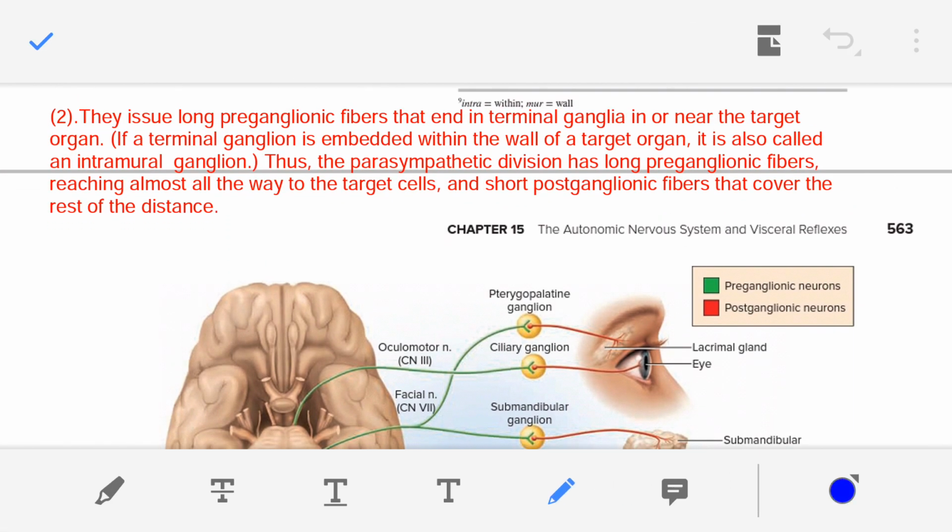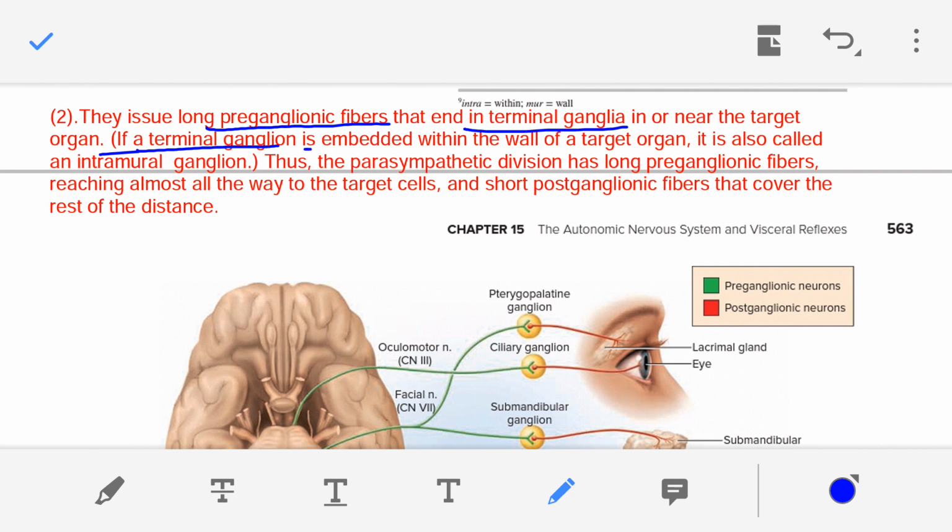Okay. Now, the preganglionic fibers end in terminal ganglia, and where are these terminal ganglia present?